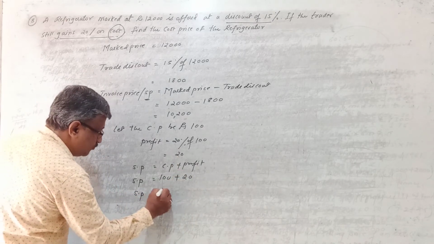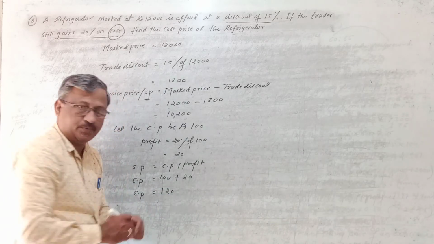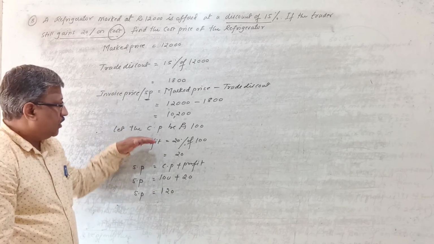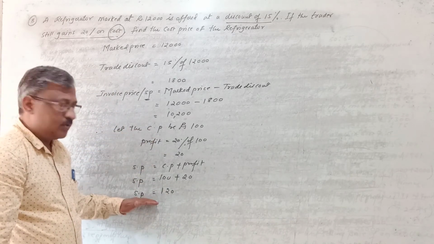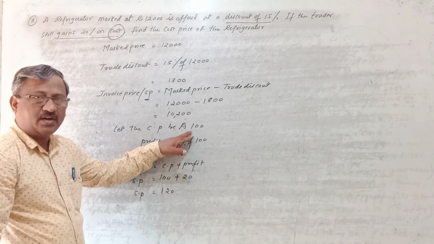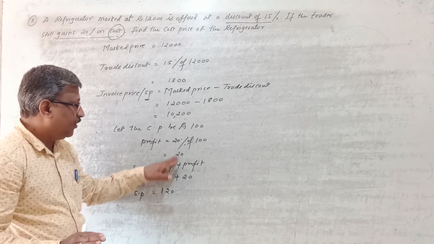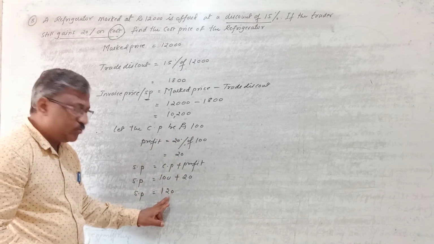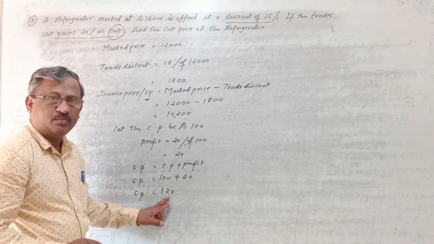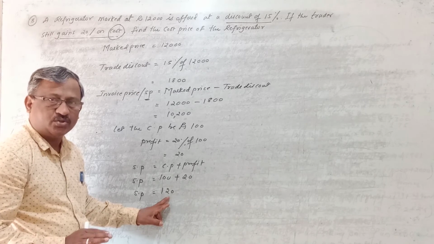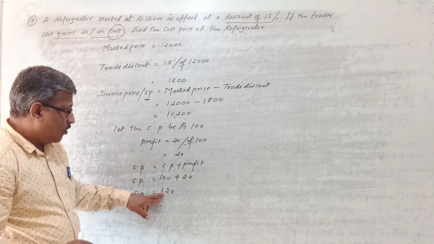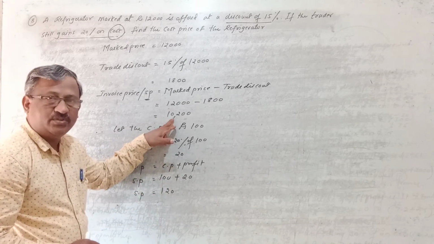Selling price comes to 120 rupees. This is as per my assumption. Means if the cost price of that refrigerator is 100 and you want 20 rupees profit on this cost price, then you will have to sell that refrigerator for 120. Understood?